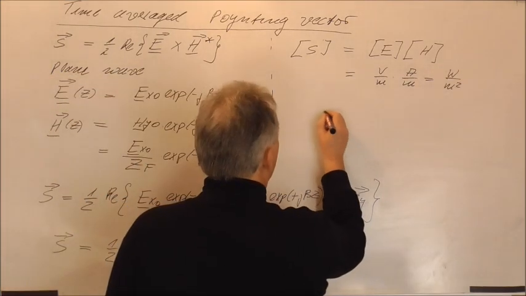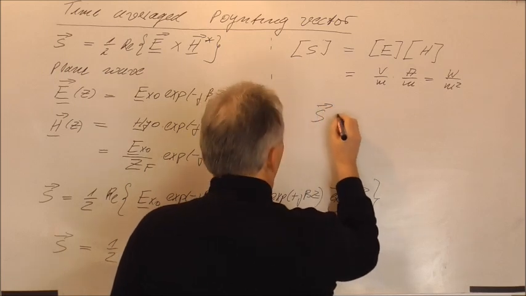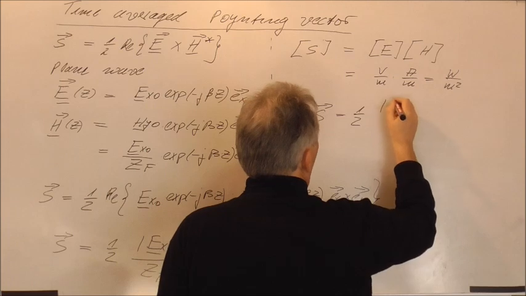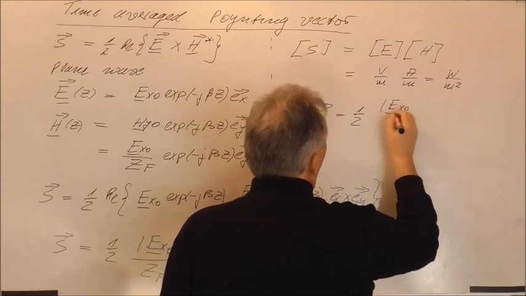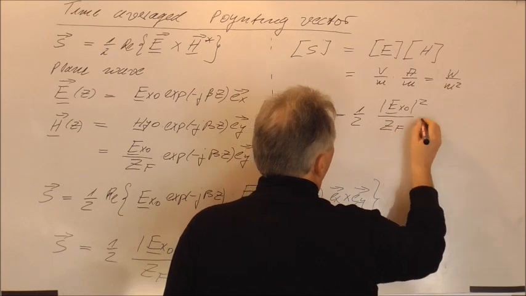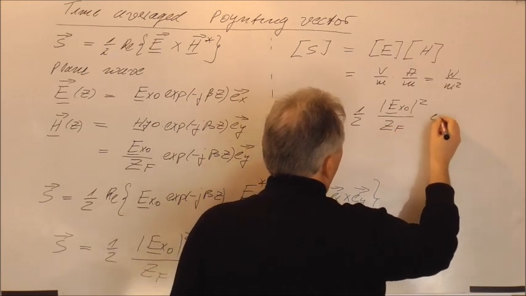So again, we see here S, I will write it, is 1/2 the absolute value of Ex naught squared divided by the field impedance times Ez.